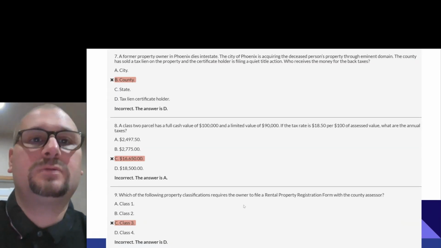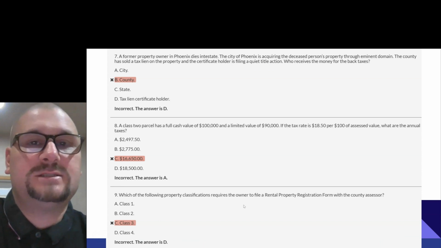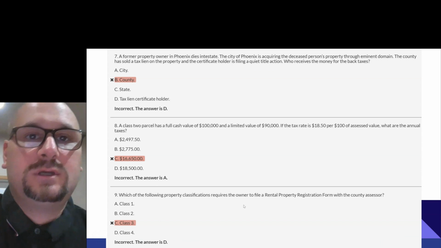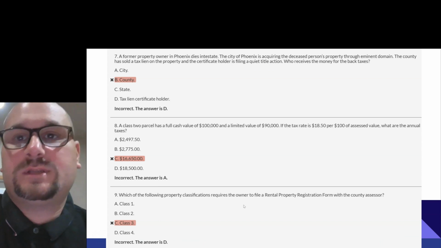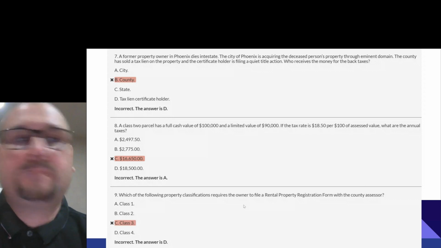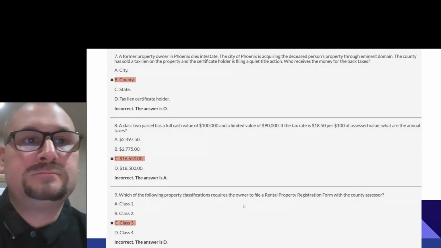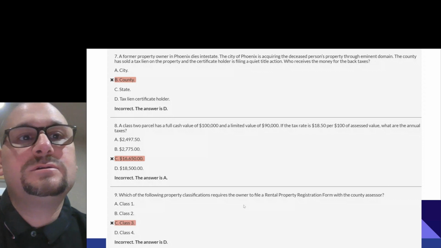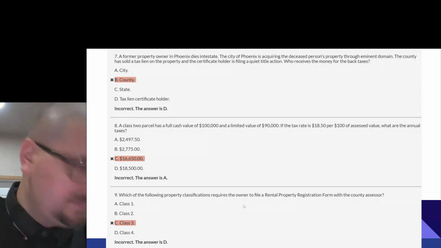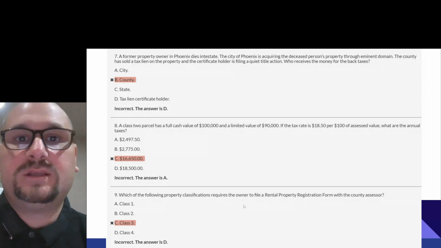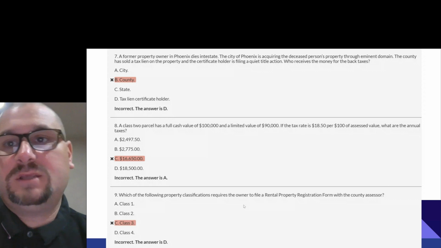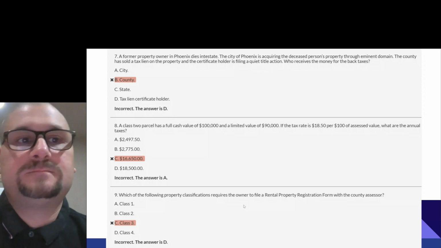A former property owner in Phoenix dies intestate, with no will. The city of Phoenix is acquiring the deceased person's property through eminent domain. The county has sold a tax lien on the property, and the certificate holder is filing a quiet title action. Who receives the money for the back taxes?